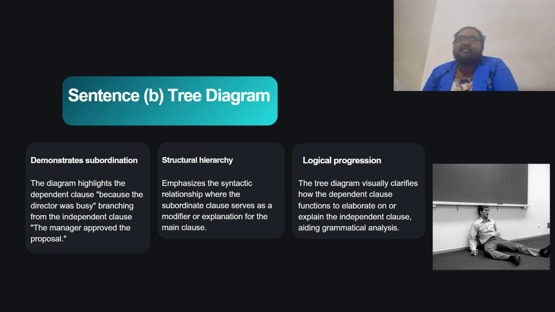Structural hierarchy emphasizes the syntactic relationship where the subordinate clause serves as a modifier or explanation for the main clause. Logical progression: the diagram visually clarifies how the dependent clause functions to elaborate on or explain the independent clause, adding to the grammatical analysis.